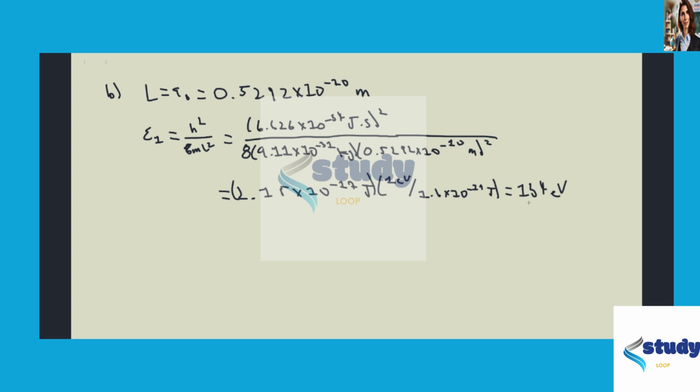Now, this is a huge overapproximation, because the ground state energy for an electron in hydrogen is 13.6 electron volts. So it's basically an order of magnitude, a factor of 10 off. But, you know, it's a start. Okay, that's the problem.